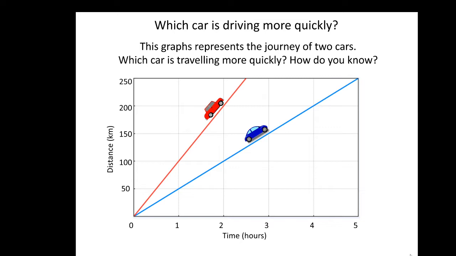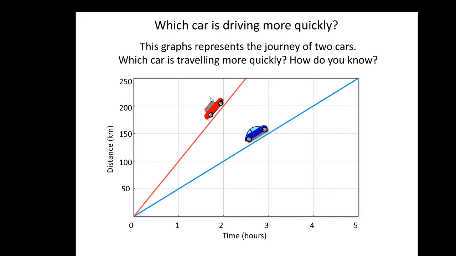Okay, so you may have decided, and I'm going to walk you through a few options that you might have thought about. Blue might look like it's going faster because it looks like it's going on a longer line. It's going for a further distance. But actually red is faster. Red is faster because it's got a steeper line, which means the gradient is steeper.